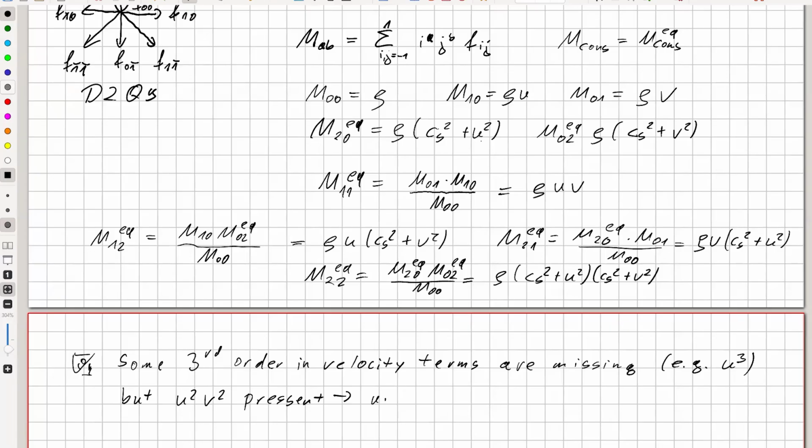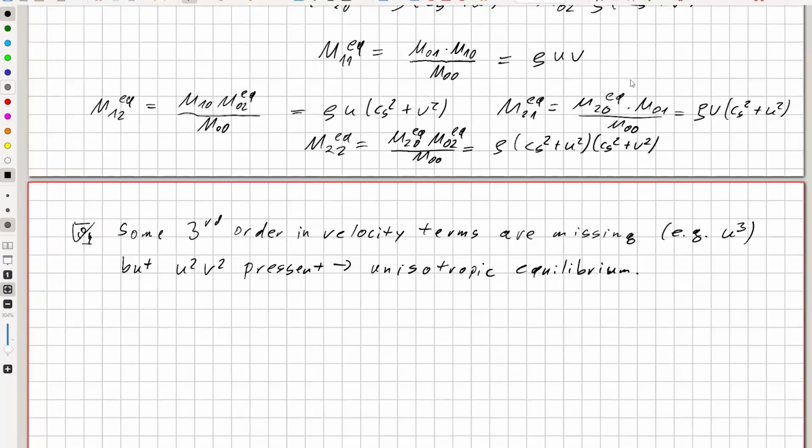And therefore, this equilibrium is actually anisotropic. This is an anisotropic equilibrium. Some people complain about this. It's not completely clear what this means, but this is just a fact. Then there is another possibility.